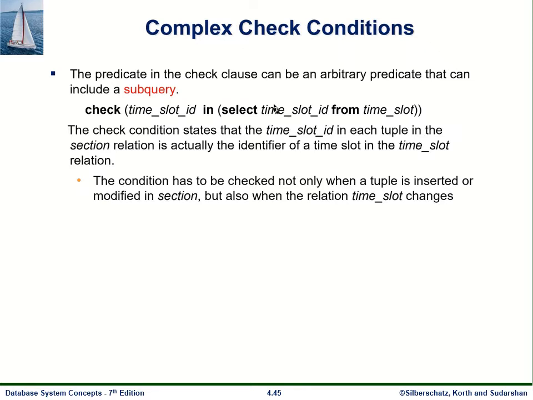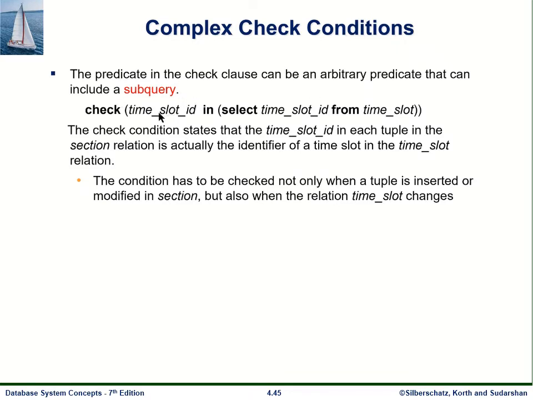And the next question is: when will this condition be checked? In what situations? Of course, if we change the section table, we check this one. How about other situations? This is like the referencing, and this is the referenced. If either one changes, we need to check.